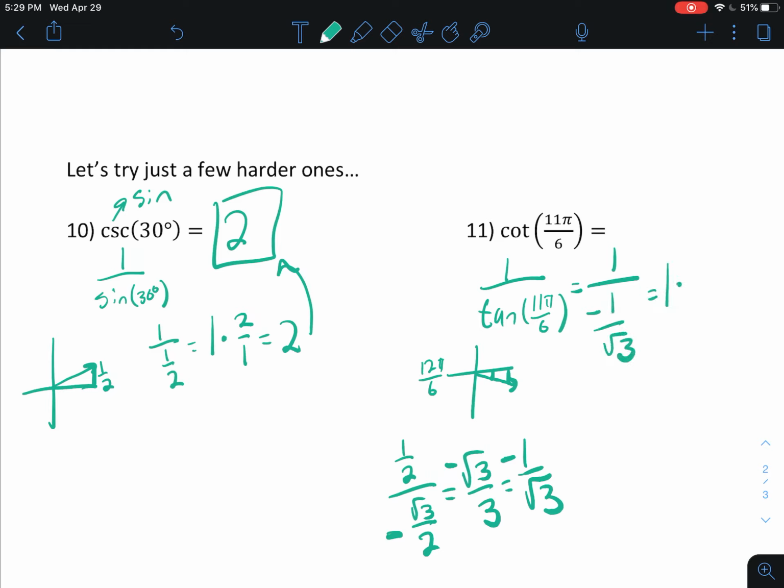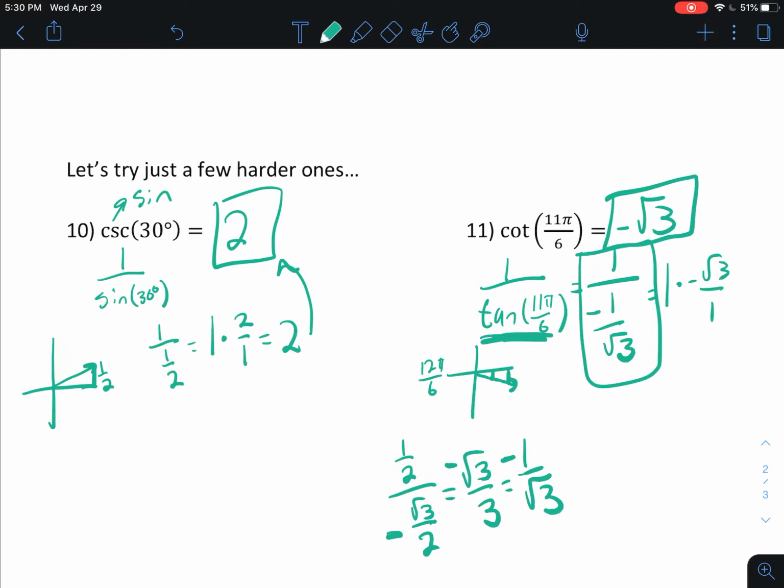So this is negative radical 3. And by all means, guys, these ones are harder. The inverse ones are way harder, because remember, we first had to figure out the tangent of 11 pi over 6, and then we had to figure out the reciprocal of the tangent of 11 pi over 6. So these reciprocal functions are way more difficult.